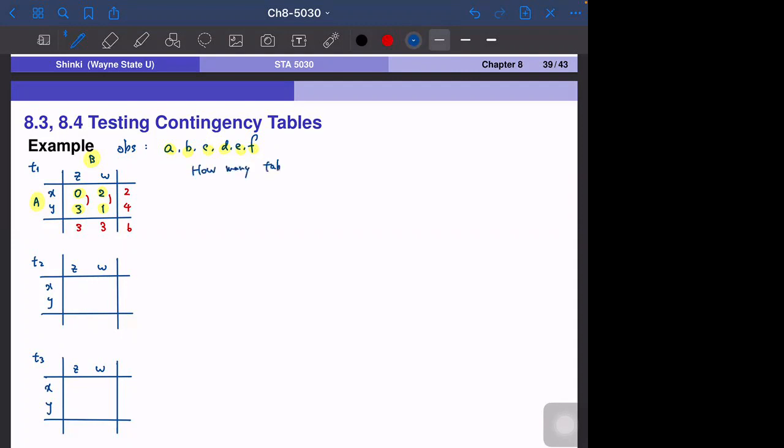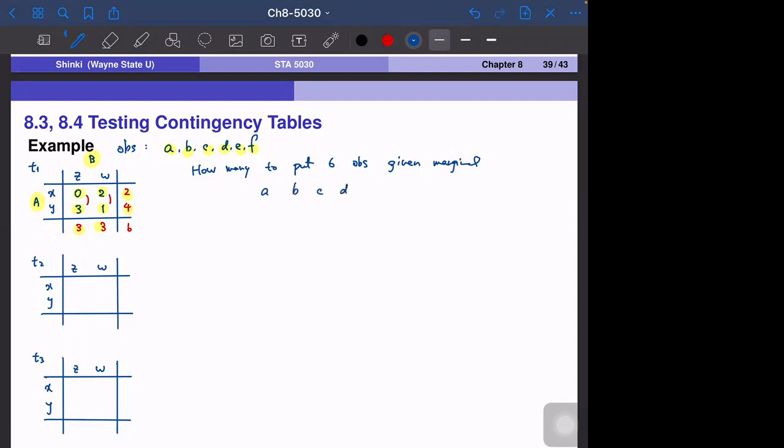How many ways are there to put 6 observations given the marginals? Given the marginals, that means given this 3, 3, 2, 4. So if we have 6 observations, A, B, C, D, E, F, then we have to assign.